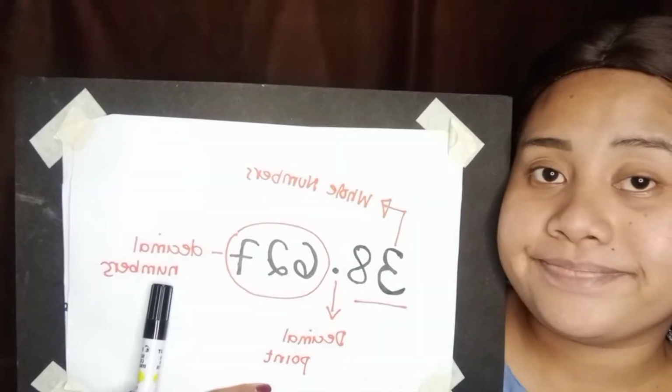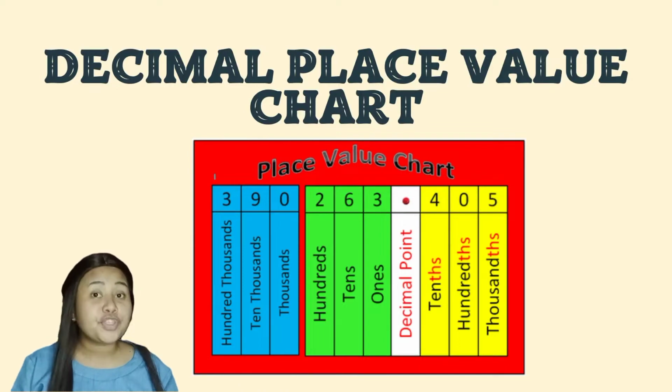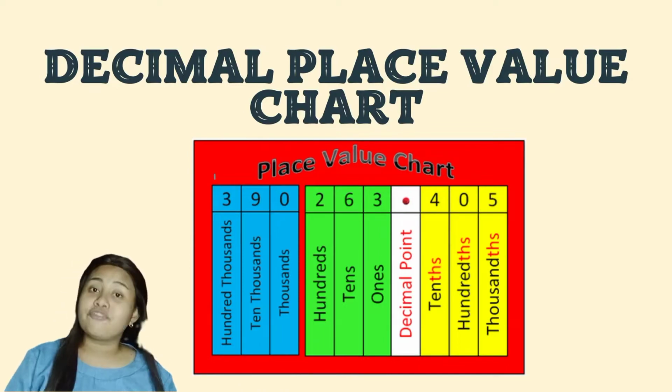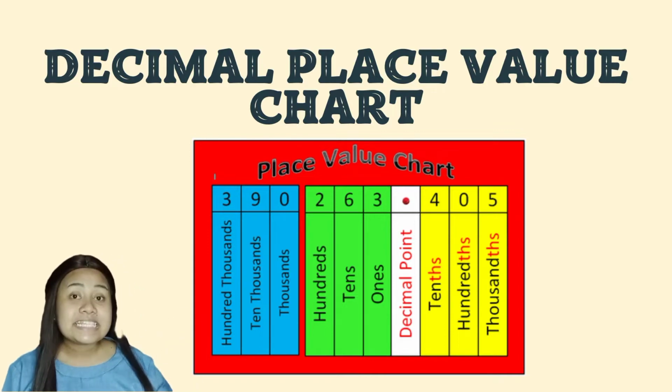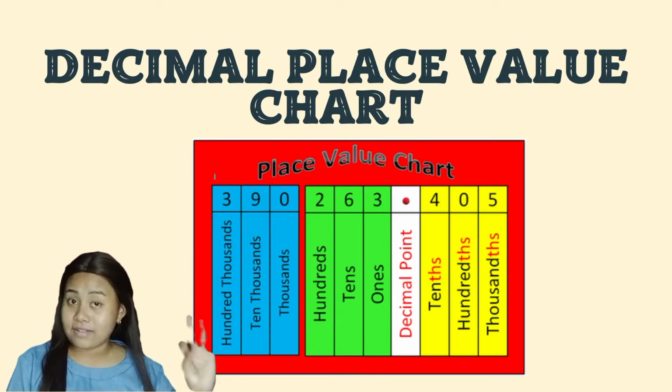Okay? Let's take a look at this place value chart. Have you noticed that after the decimal point, the value has THS, such as tenths, hundredths, and thousandths? Earlier, as you've noticed, you were having a hard time to answer the activity, right?